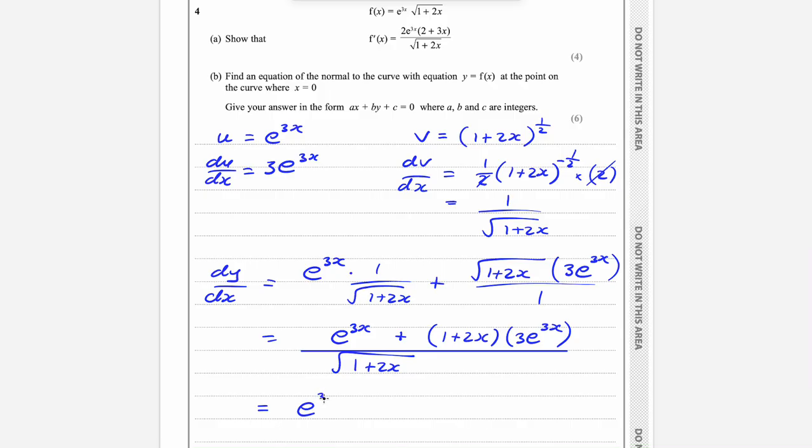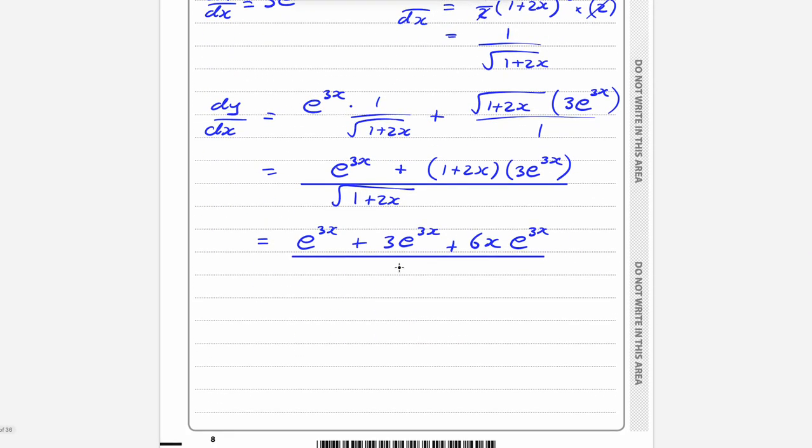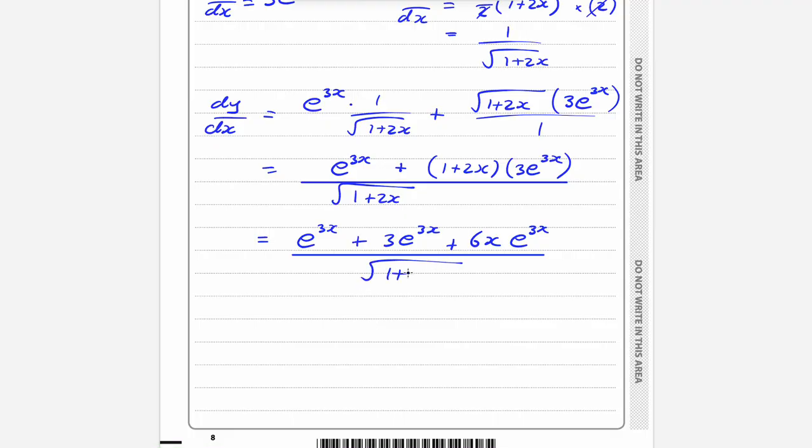This is e to the 3x, plus 3e to the 3x, this times 1, plus 6x e to the 3x, all over the square root of 1 plus 2x.